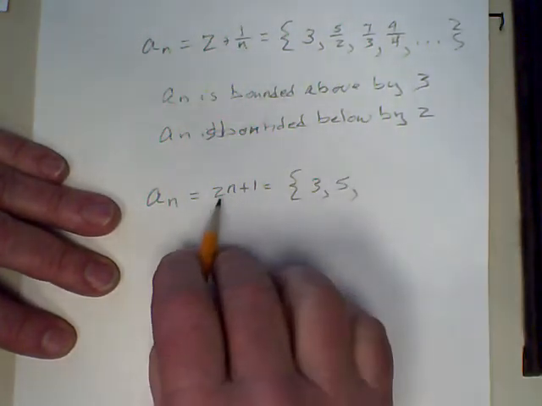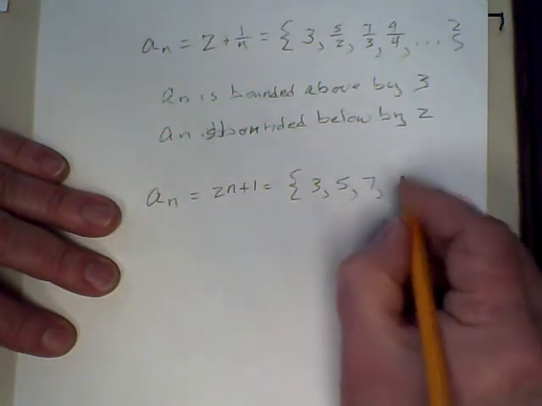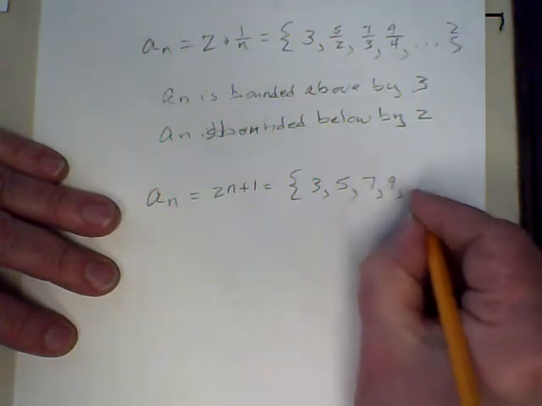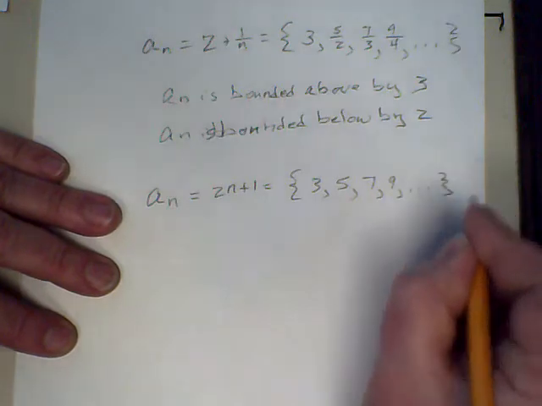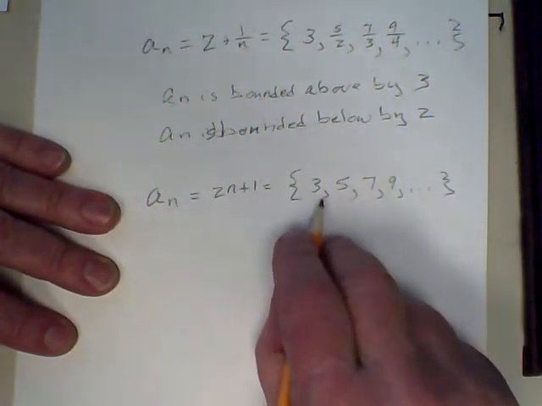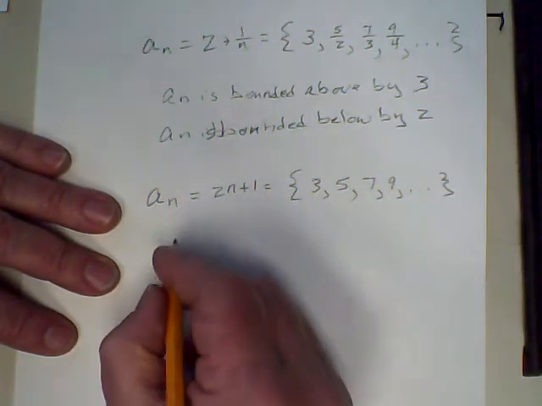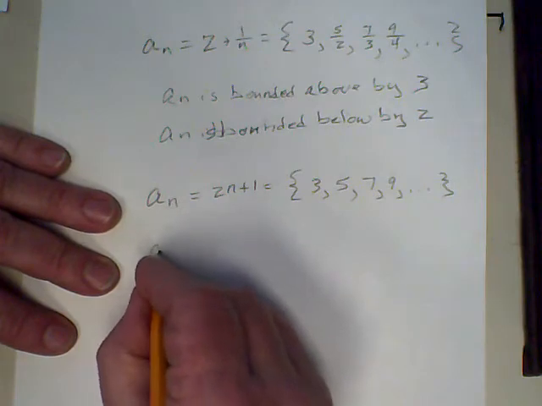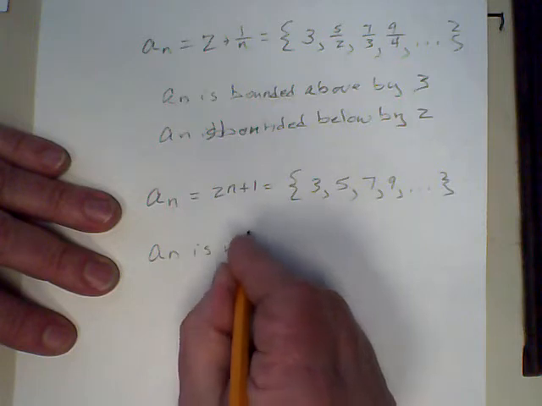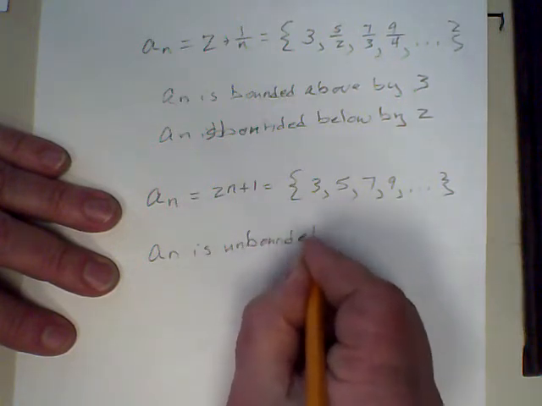When n is 3, 2 times 3, 6 plus 1, 7. And you can see the pattern here already, can't you? 4 plus 1, 8 plus 1, 9, and so on. So this sequence would be bounded below by 3, but it would be unbounded above. So we would say that a sub n is unbounded above.